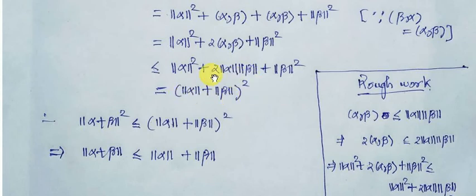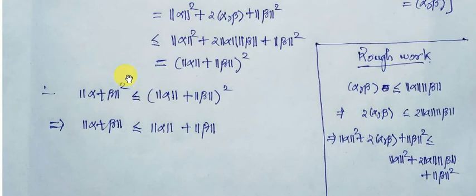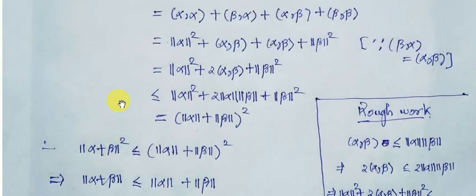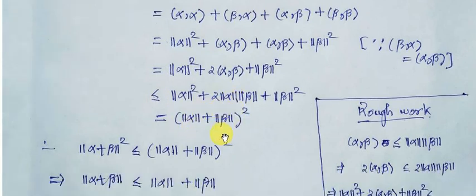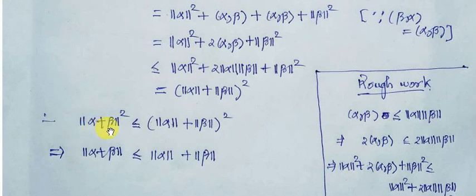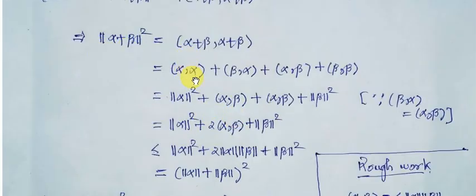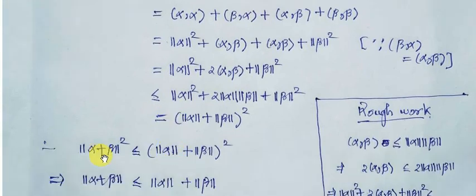So ultimately what we have obtained? Norm alpha plus beta whole square is less than or equal to norm alpha plus norm beta whole square.